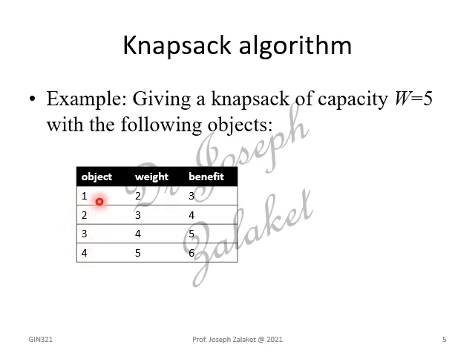These objects have the following weights and benefits. Object 1 has 2 as weight, 3 as benefit. Object 2, 3 as weight, 4 as benefit. Object 3, 4 and 5. Object 4, 5 and 6 as benefit.